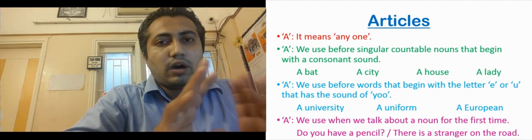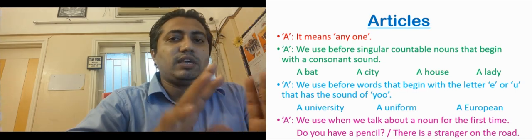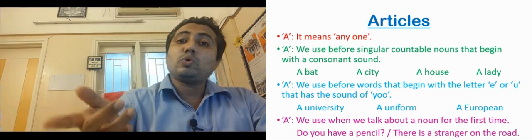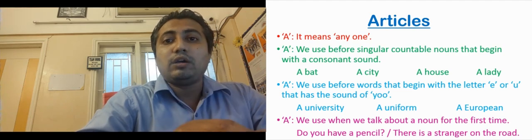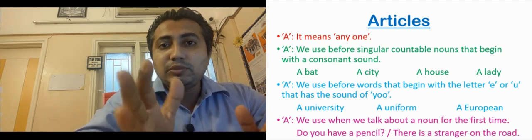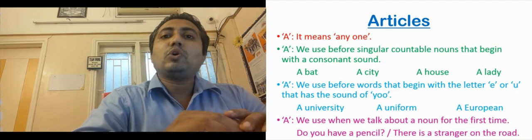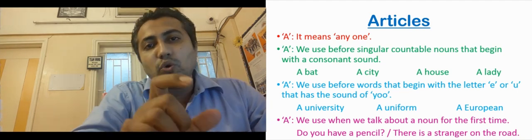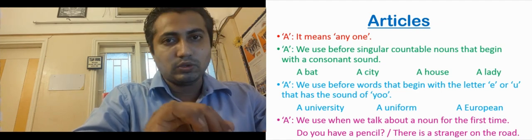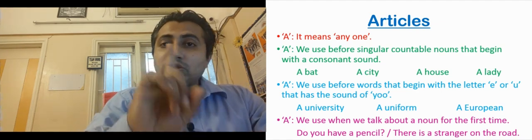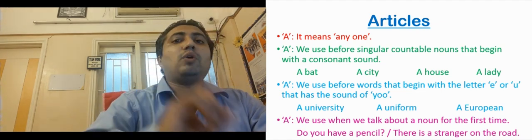We won't use a before these uncountable nouns. We will use it only before countable nouns. Pencil, eraser, book, school, subject, month, day. So in this way we will use a only before the countable nouns. Okay, and that too singular countable noun.